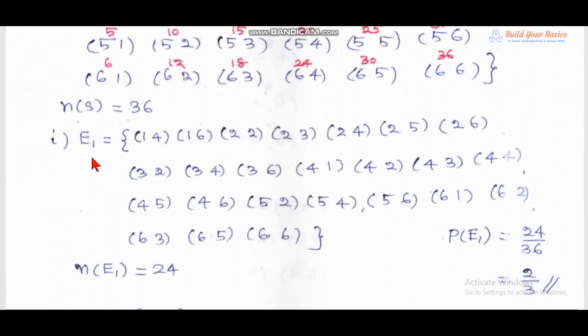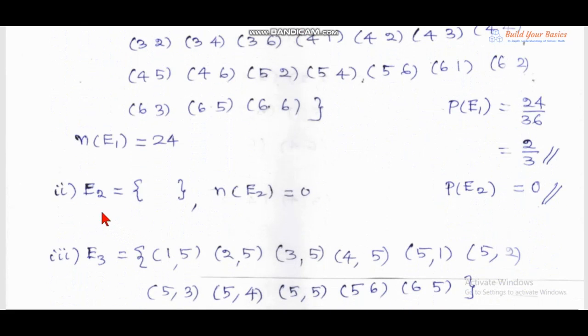Then E1 consists of the cases 1 4, 1 6, 2 2, 2 3, 2 4, 2 5, 2 6 and so on. The number of elements in E1 is 24. So the required probability is 24 by 36, that is 2 by 3.